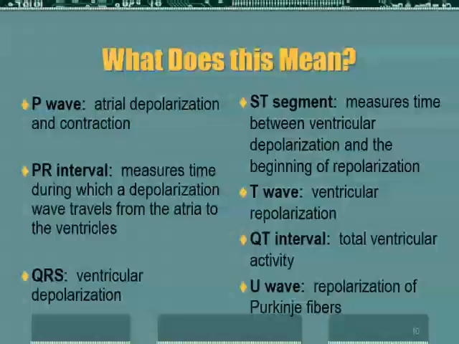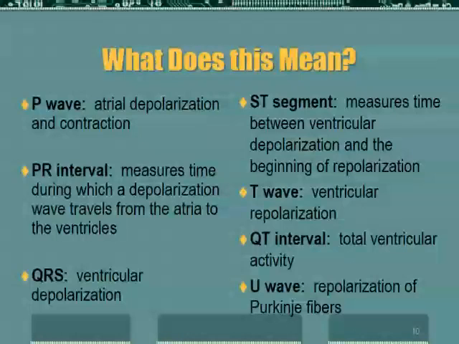The T wave, we look to see if it's gently upright and rounded, and what it represents is ventricular repolarization. The QT interval is total ventricular activity, and this is actually measured in time. We're going to talk about normal values on that. And the U wave is not a normal finding on the cardiac cycle. It's usually associated with low potassium levels or some other kinds of cardiac problems.